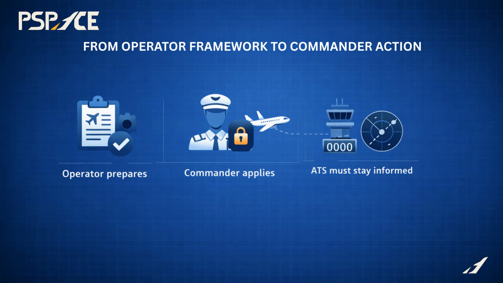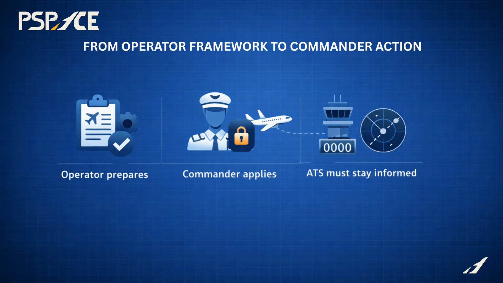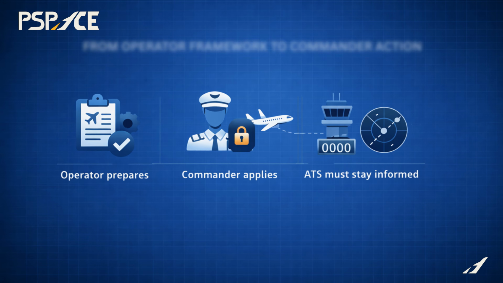Operationally, this is where planning discipline becomes real-time execution. A well-written procedure only protects the flight if the commander translates it into timely action, clear communication, and controlled decision-making when the air situation changes.